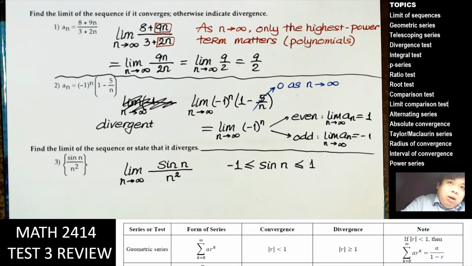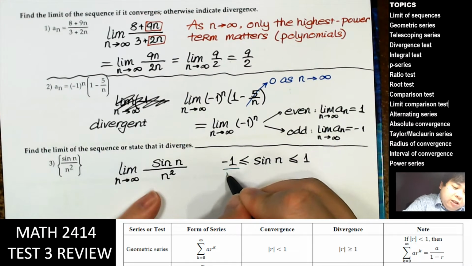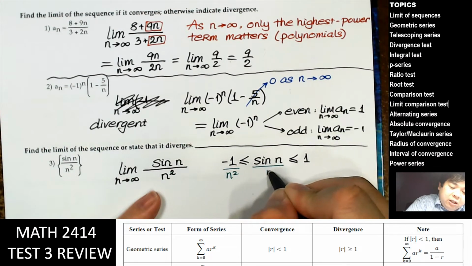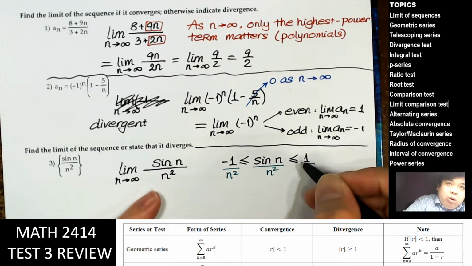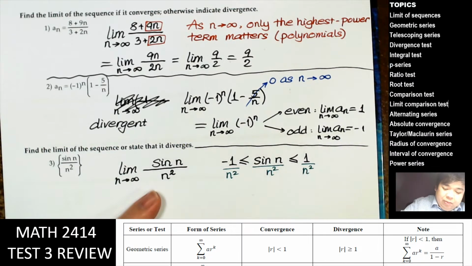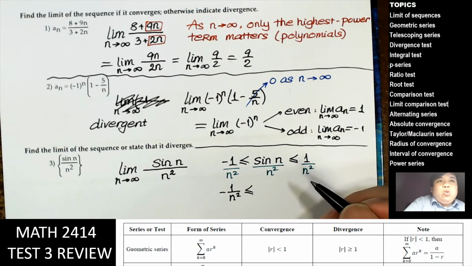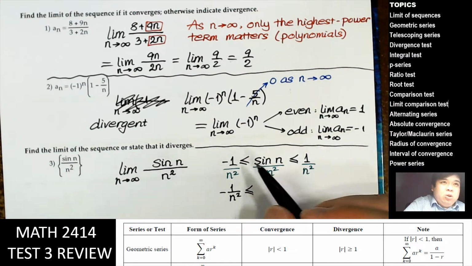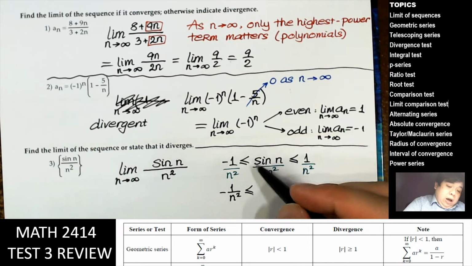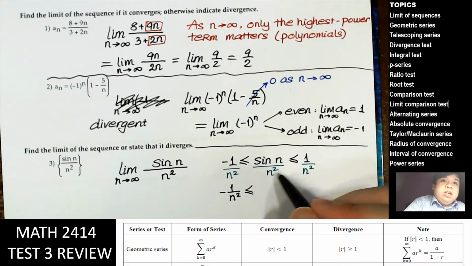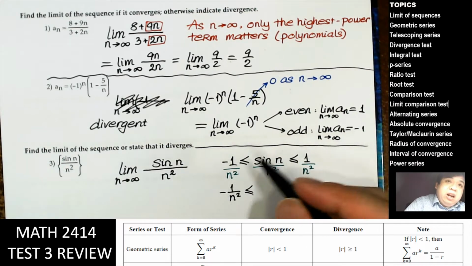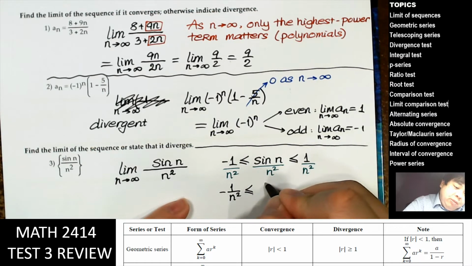Now, if we divide by n squared on both sides, by both sides I mean everywhere, what we have here is -1 over n squared. Dividing by n squared is fine because it is positive as n goes to infinity. So we don't have to reverse the inequality.